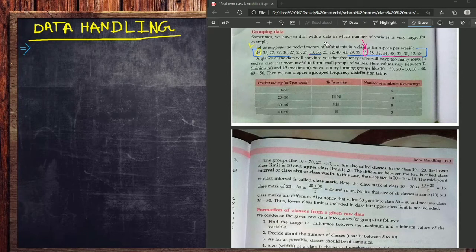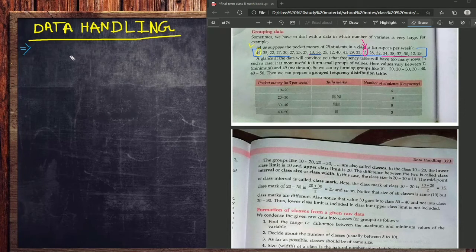Okay, I think the idea is clear. How far will we go? We can go up to 50 because the highest value is 49. If you take more than 50, that is also completely meaningless because we don't have any data greater than 50, and that is why we can't take any grouping over there.